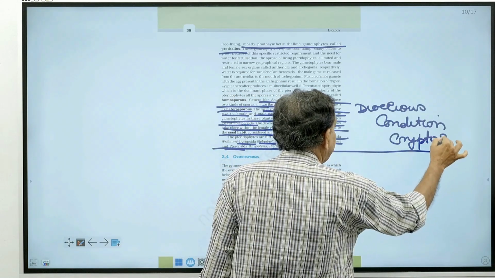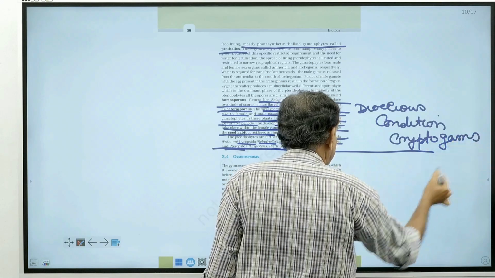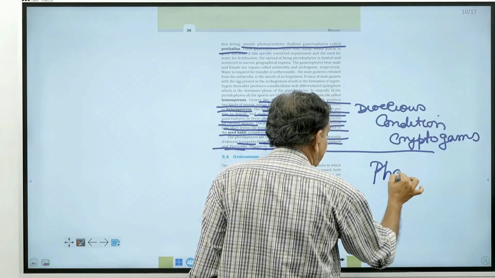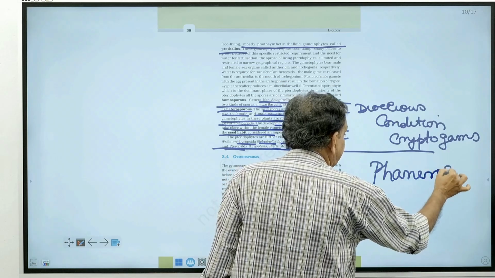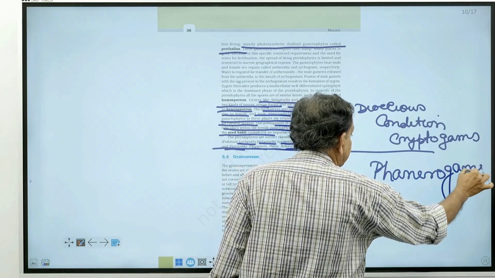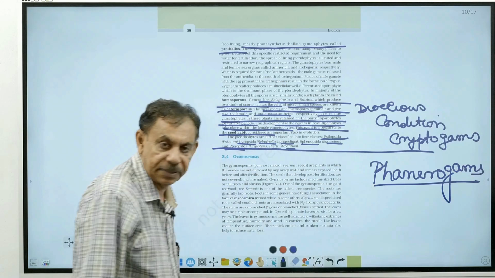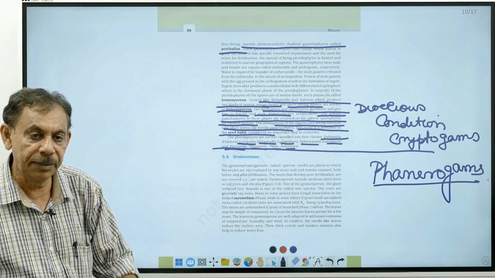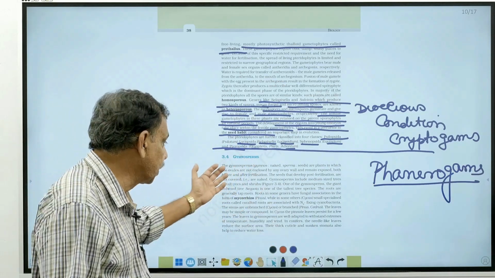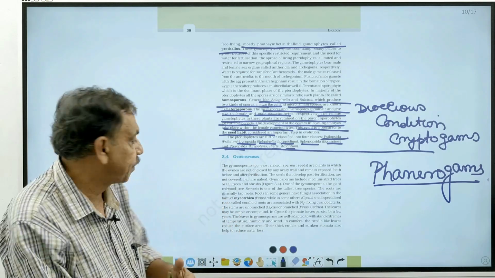Now we enter into flower type plants, the flower producing, seed producing category of plants. Phanerogams. There are 2 groups in phanerogams. One is Gymnosperms, another is Angiosperms.